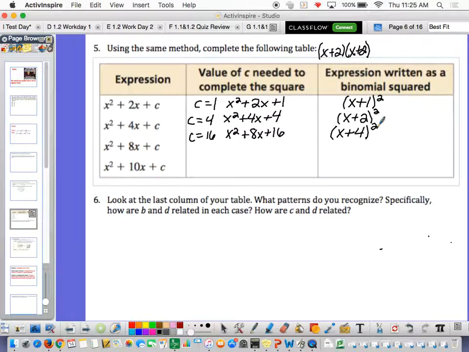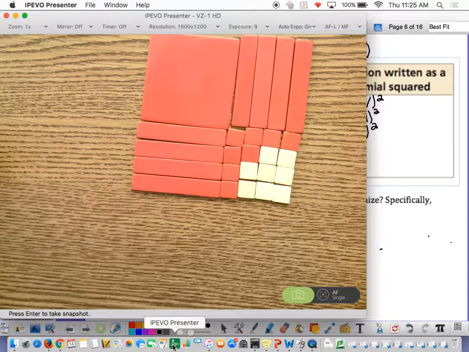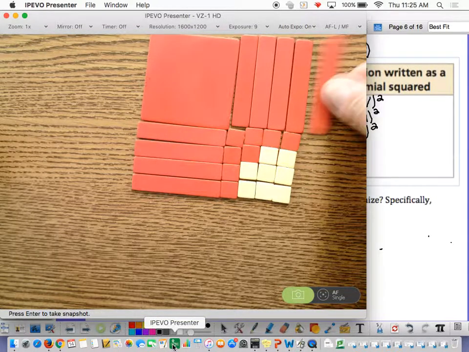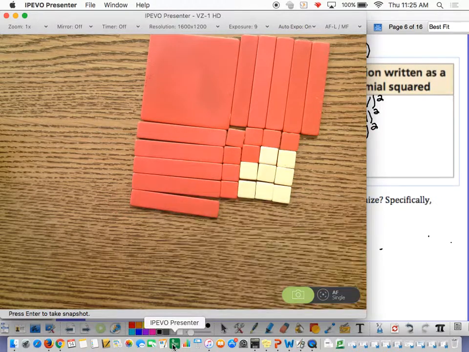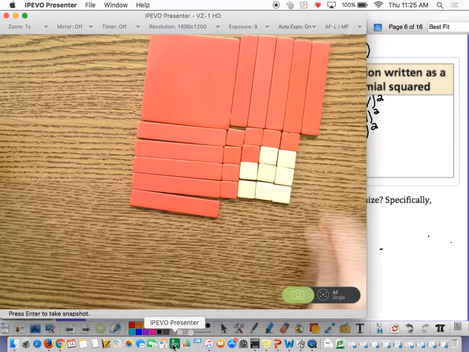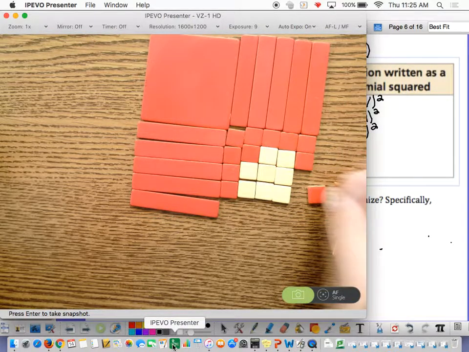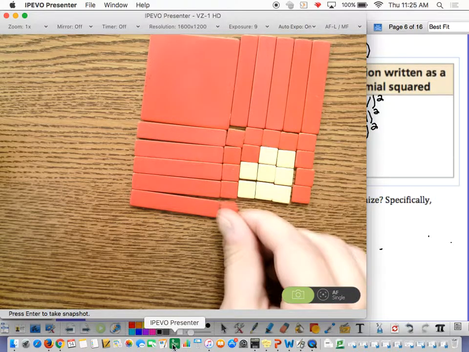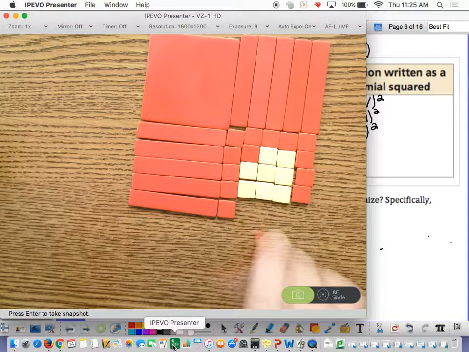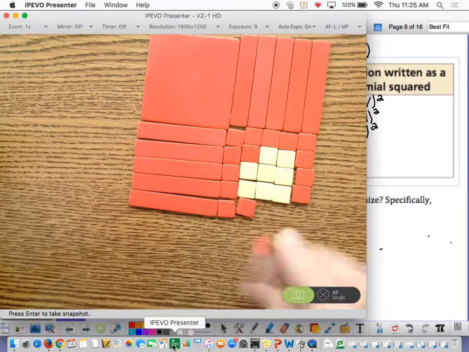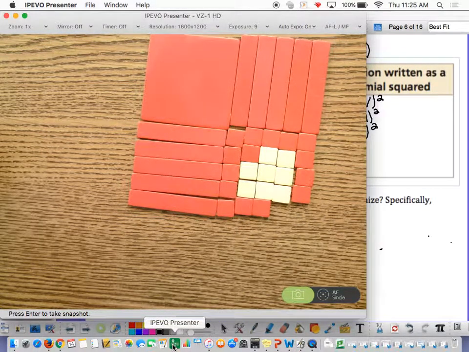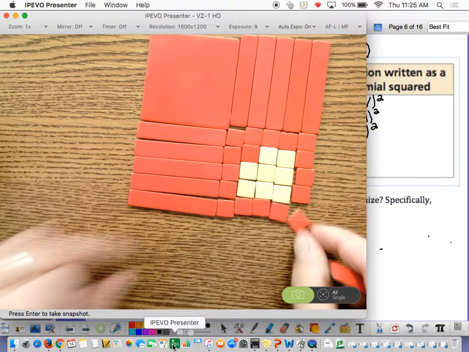Okay, the x squared plus 10x. So if I'm here, that's 8x, so we need 2 more x tiles. So that's here and that's here. So then we got to fill in that outside edge. Maybe you already see what's happening. You should see a pattern. Okay, so we do there, there. So we had 16, 17, 18, 19, 20, 21, 22, 23, 24, 25.